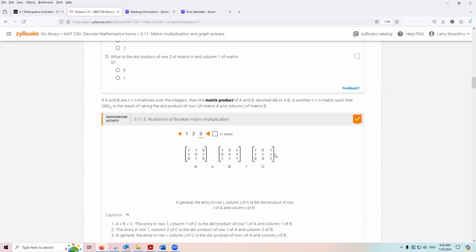And I'll post another example on matrix multiplication in a little while, where we'll do some examples that are not Boolean matrices. Okay, hope this is helpful as you're working in Module 5.